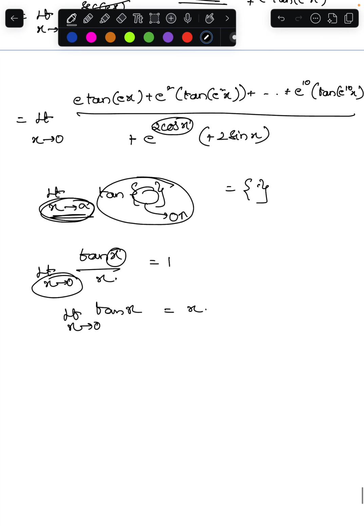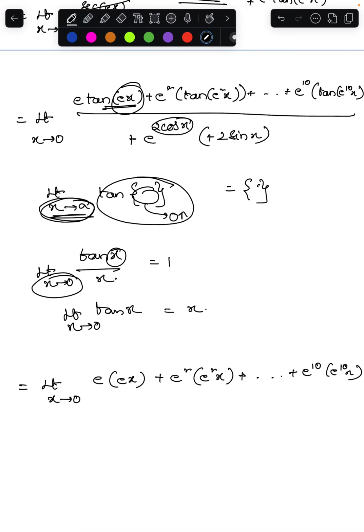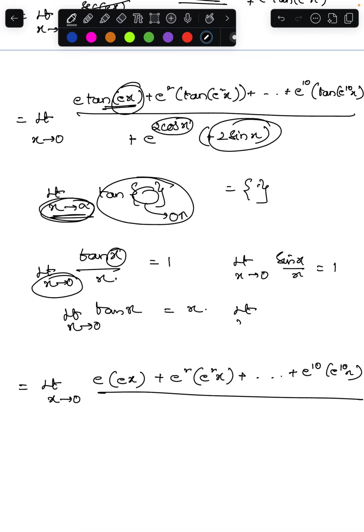So I can put ex instead of tan of ex, and e square into e square x, and so on, e power 10 into e power 10x, whole by, and instead of sin x also I can write x, because limit x tending to 0 of sin x by x is 1.